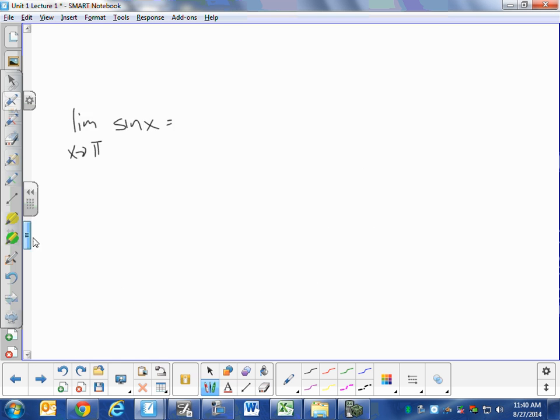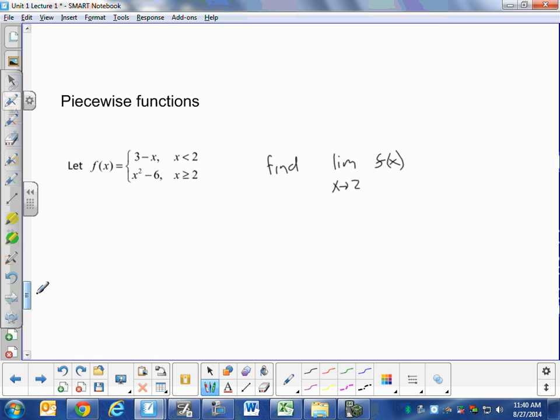Sometimes we can combine equations together to make a piecewise function. Okay? So here's an example. You got 2 of these and then you're done. This function is defined by 3 minus x when our inputs x are less than 2.